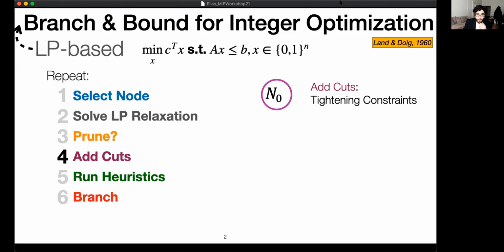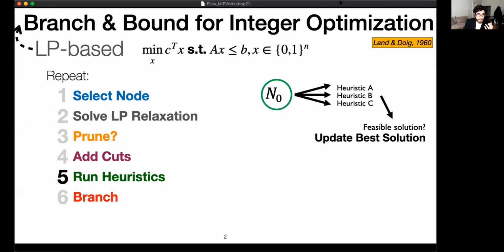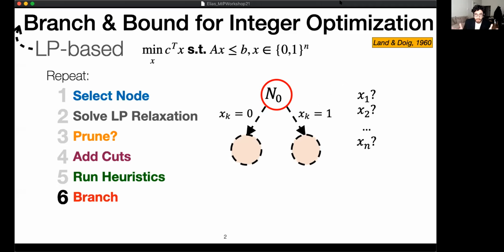These may be local cuts further down in the tree, and then running primal heuristics to help us find feasible solutions. And last but not least, branching and splitting the subproblem into two new ones and going forward with this divide and conquer scheme.